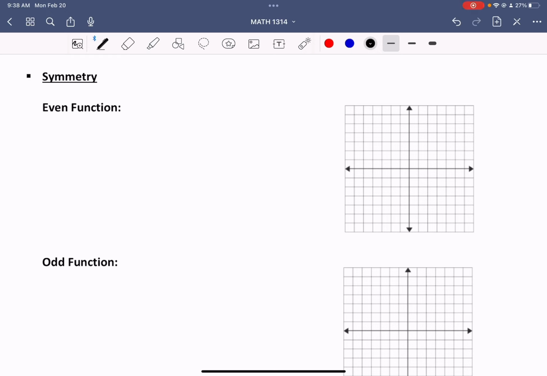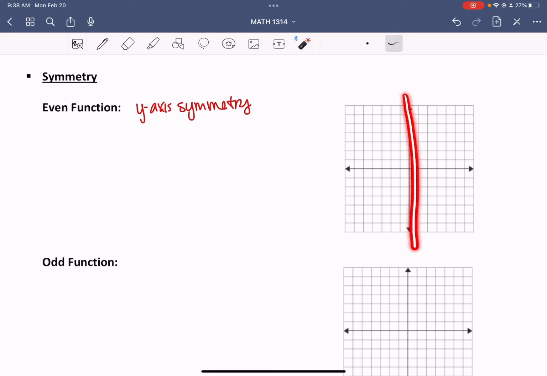We can have two different types of symmetry. Right now we'll look at an even function, which has symmetry over the y-axis. And what does symmetry over the y-axis mean? It means if I were to look at this y-axis, it would be the same on both sides of it.